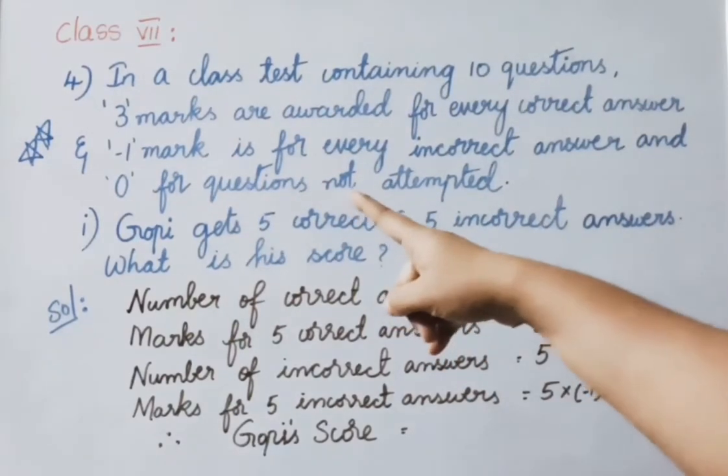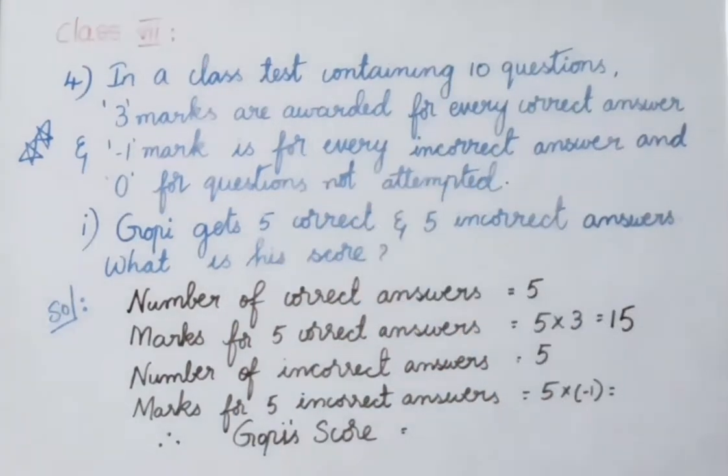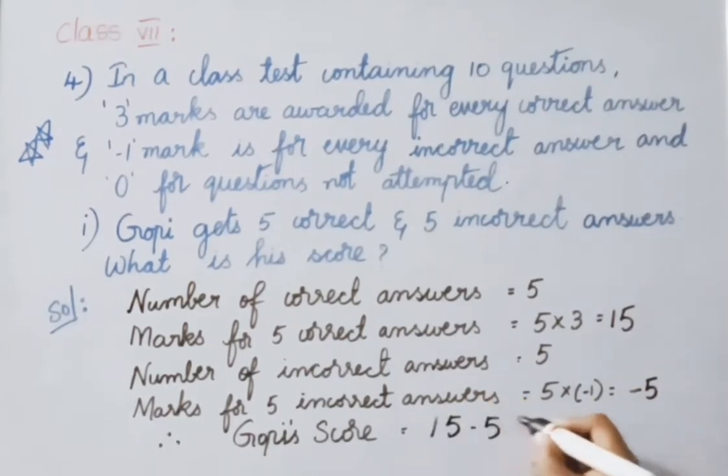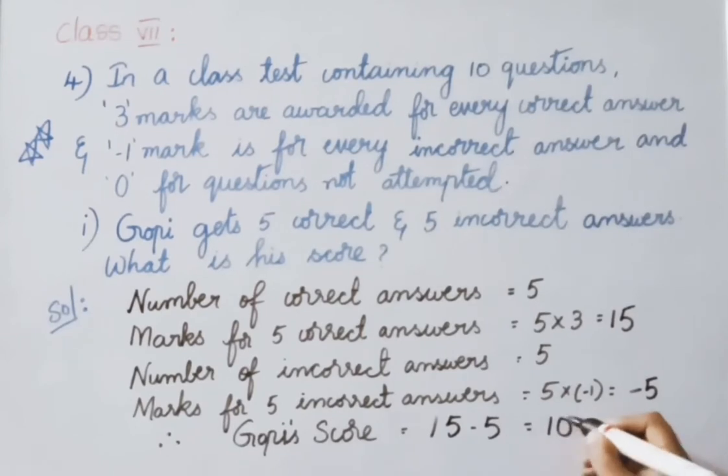For each incorrect answer they allotted minus 1 mark. So 5 into minus 1, that is minus 5. Now therefore Gopi's score is how much? 15 minus 5, that equals 10. Therefore Gopi's score is 10 marks.